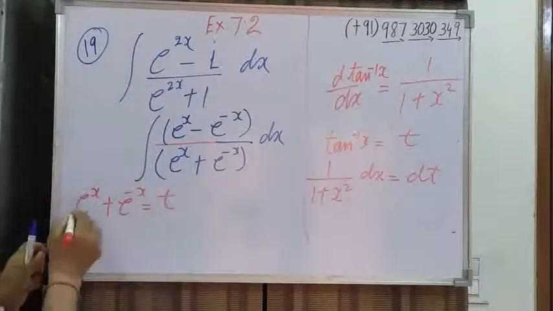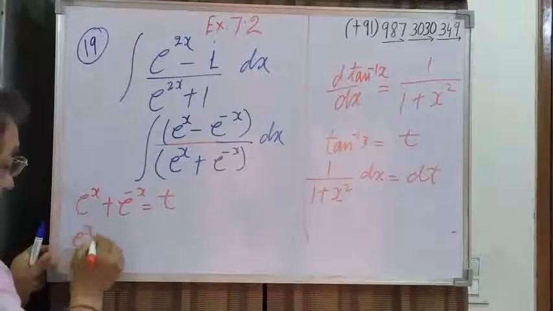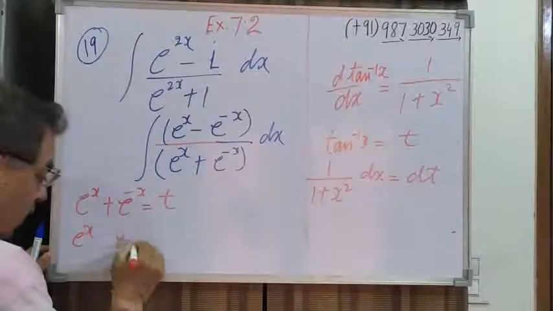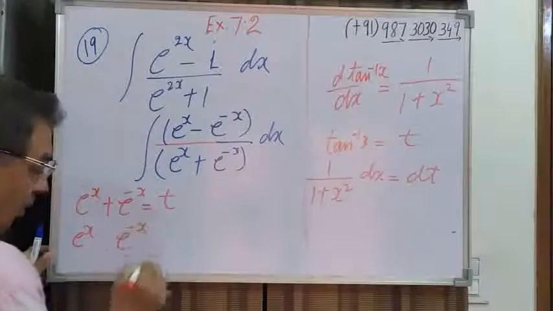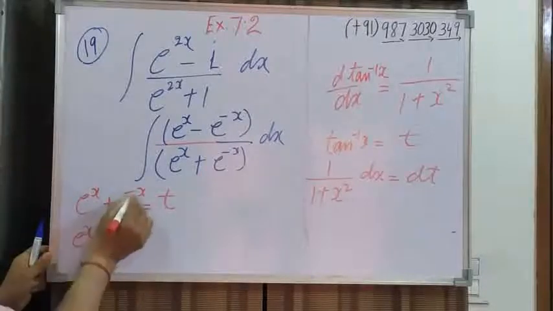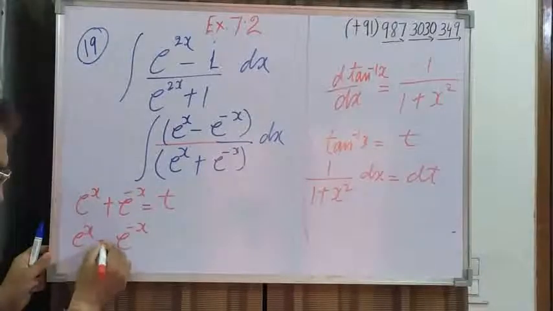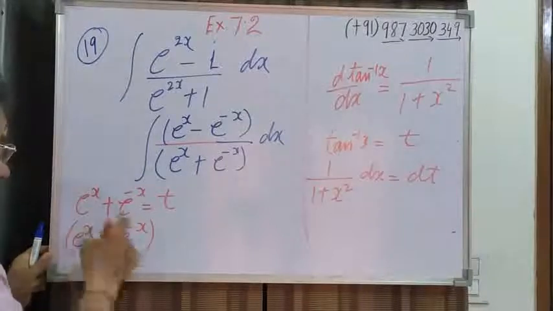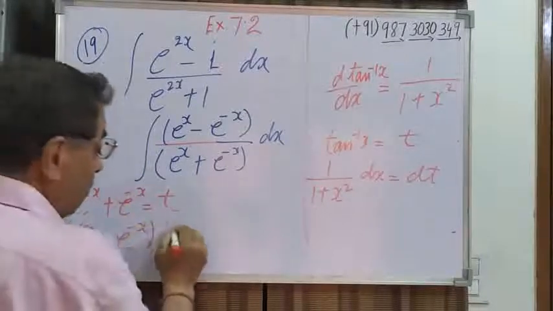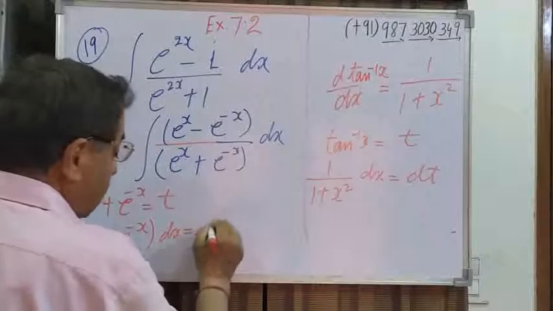Its derivative is e to power x, and the derivative of e to power minus x is e to power minus x divided by the coefficient of x, minus 1. Then the derivative times dx is equal to dt.